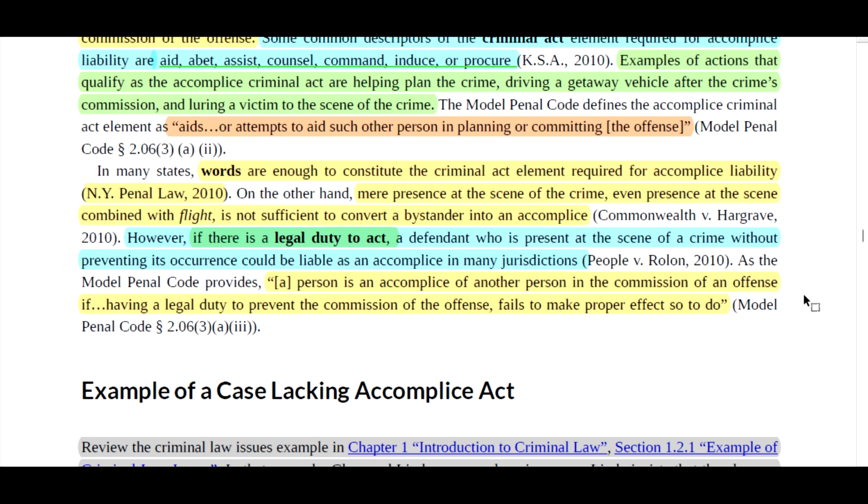However, and please note, I have this highlighted in a different color because let's recall that in the previous chapters, we've talked about how sometimes there is a legal duty to act, like Good Samaritan laws and things of that nature. If that is in place, if someone is present at the scene of the crime without preventing its occurrence, you could be liable as an accomplice because you have a legal duty to act.